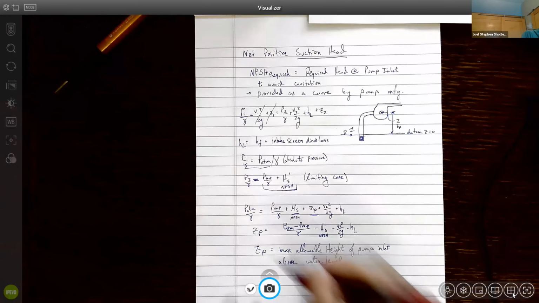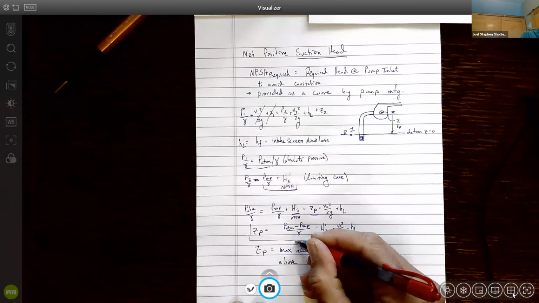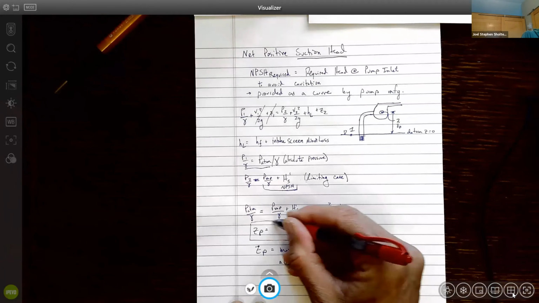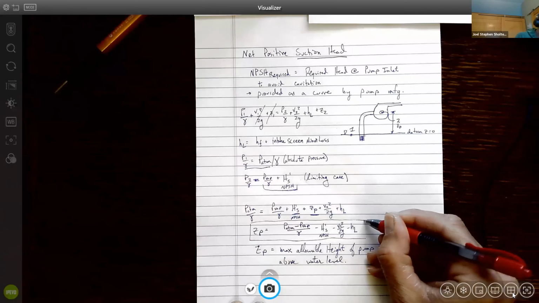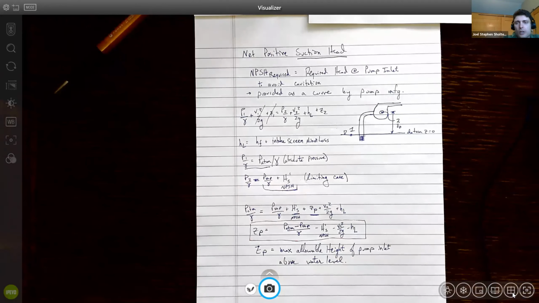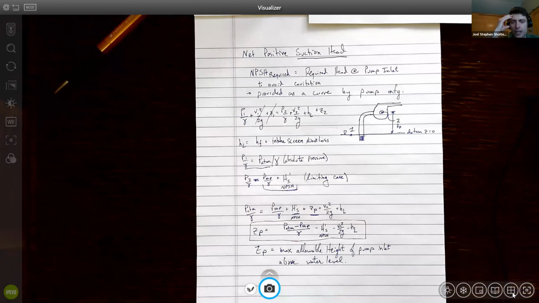And this is really the equation that we're interested in typically. But you could imagine a question says, okay, the pump is going to be 10 feet above the water level because that's just the way the reservoir works or the ditch is designed. What's the maximum flow rate that this pump could have to avoid cavitation? So there could be another way to do that problem.